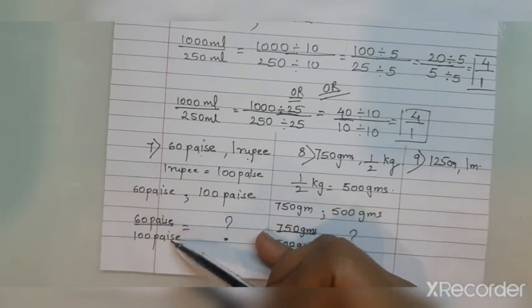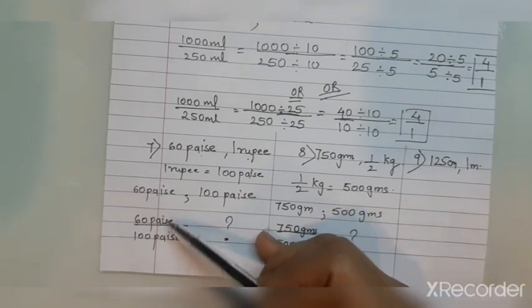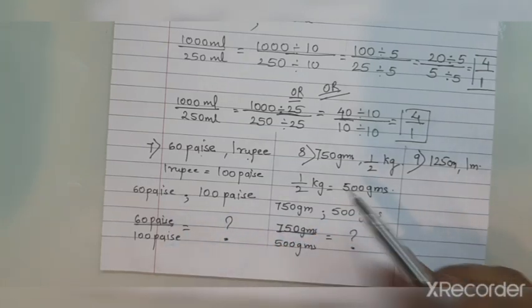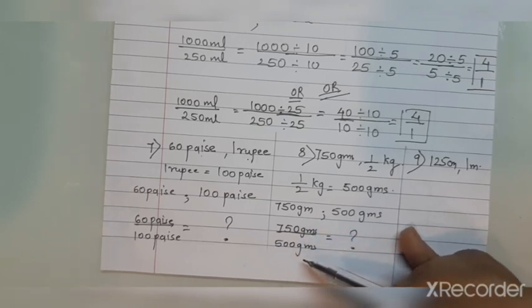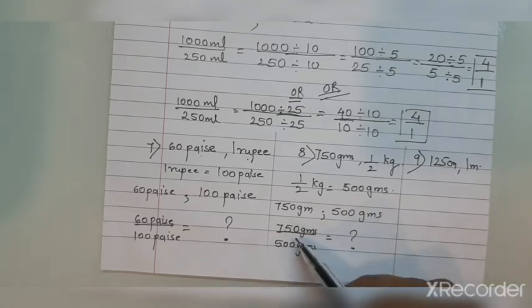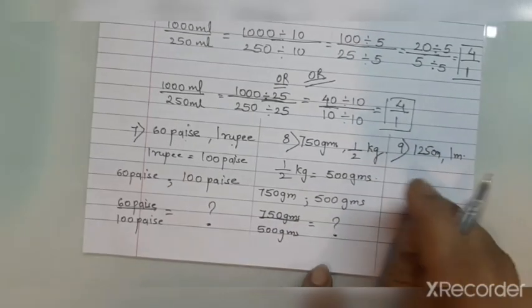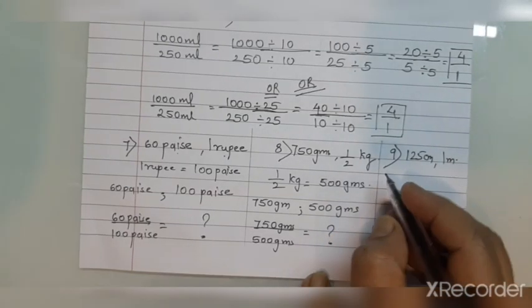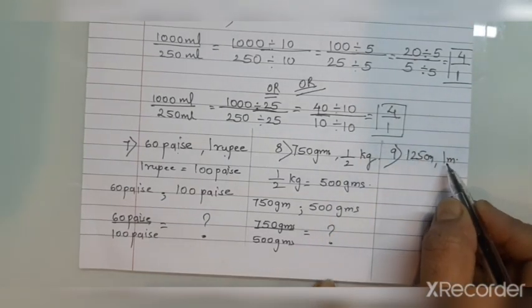Here in the first sum, you can start with 10 and divide by 10. Here 750 upon 500, you can start with 2, 5 or 10. The bigger the number you take, the fewer steps you have to solve. And the last one, we know centimeter and meter.